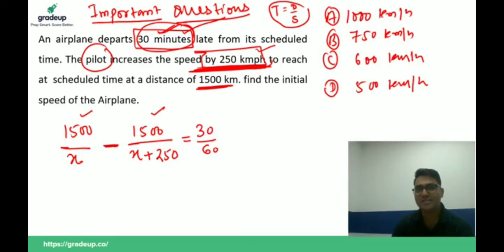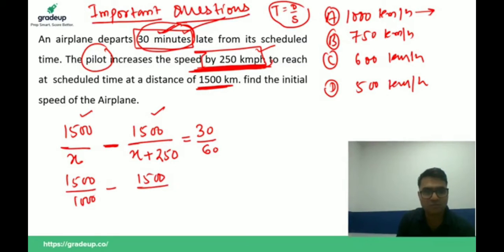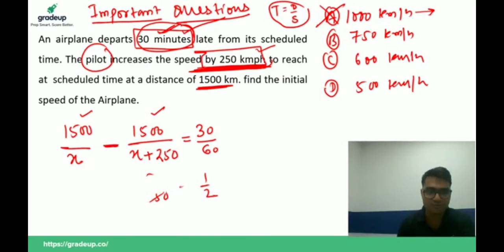Okay. So just check option number 1, whether it is correct or not. I'm putting here 1000, this is equal to 1250, this should be half. As you know, this is not half, so this can't be your answer. Okay, now I will check option number 2. If I am taking 750 as the answer, let's check it out.